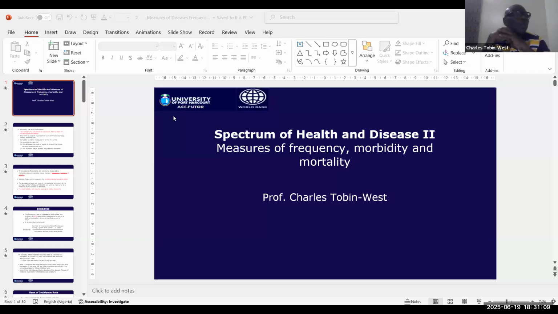For every one white blood cell, there are 600 red blood cells. For every one doctor, there are 5,000 Nigerians. That's a doctor-population ratio. Or for every one nurse, there are 15,000 or 18,000 Nigerians. So that's a ratio.